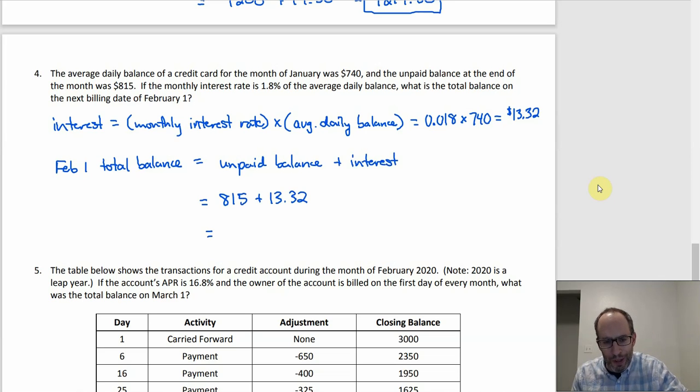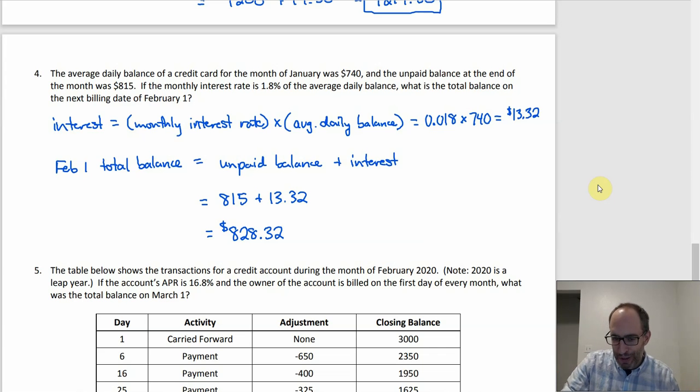So the total balance is going to be $828.32, and that's it. And that's what a lot of these are like. When I ran through the homework repeatedly, this is how they were phrased, I guess just with different numbers and different months, but other than that, pretty similar.